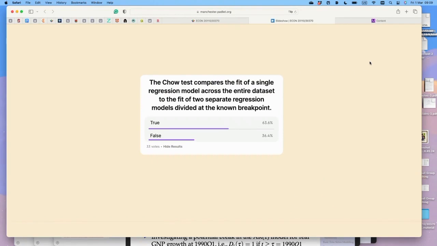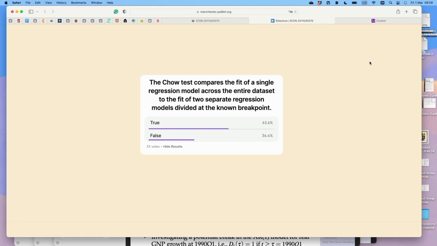We compare the fit of a single regression model, the one under the null hypothesis, our restricted model, to the fit of two separate regression models, essentially the model under the alternative, the unrestricted model, the one that incorporates the dummy variable and its interaction term. We compare the fit of these two to decide whether the model fit is so different as to reject the null hypothesis of no structural break.